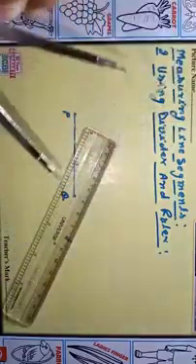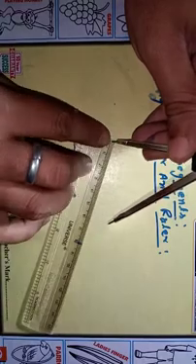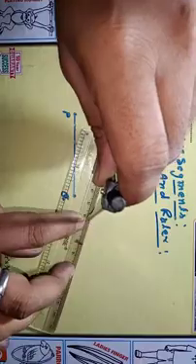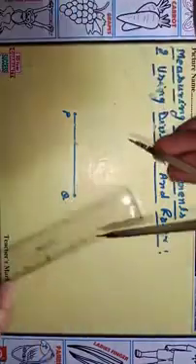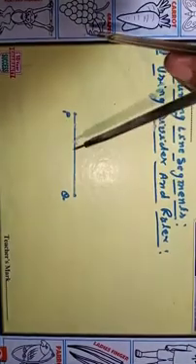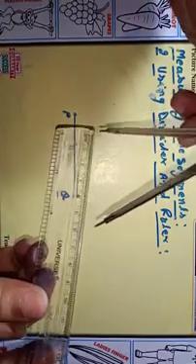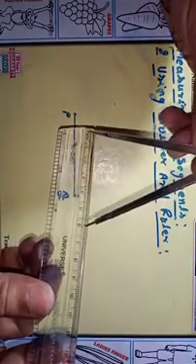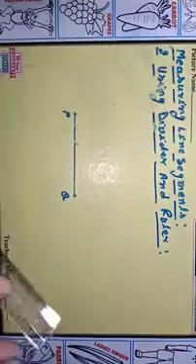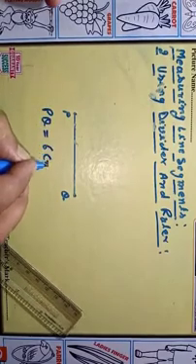Here is the scale, and we put one point at 0 centimeter and see where the second point is. Last point is 6. Now the length of PQ is equal to 6 centimeters.